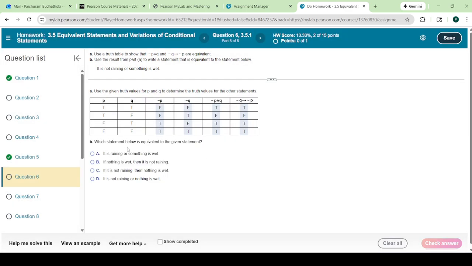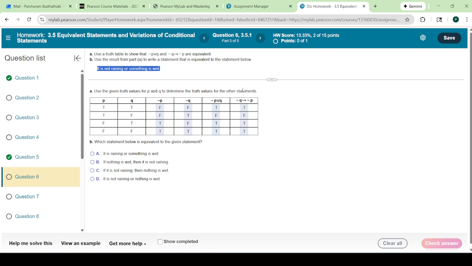Which statement below is equivalent to the given statement? The statement is: it is not raining or something is wet. Let's say P is it's raining, and Q is something is wet. So negation of P or Q is: it is not raining or something is wet.